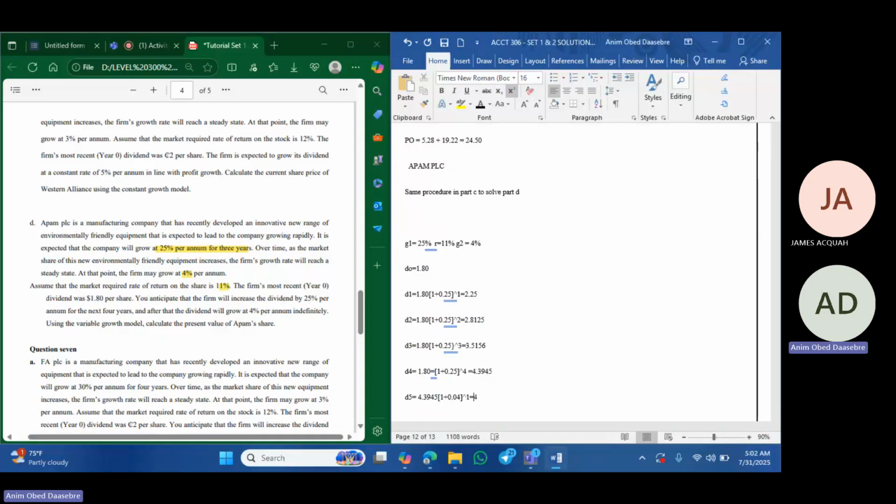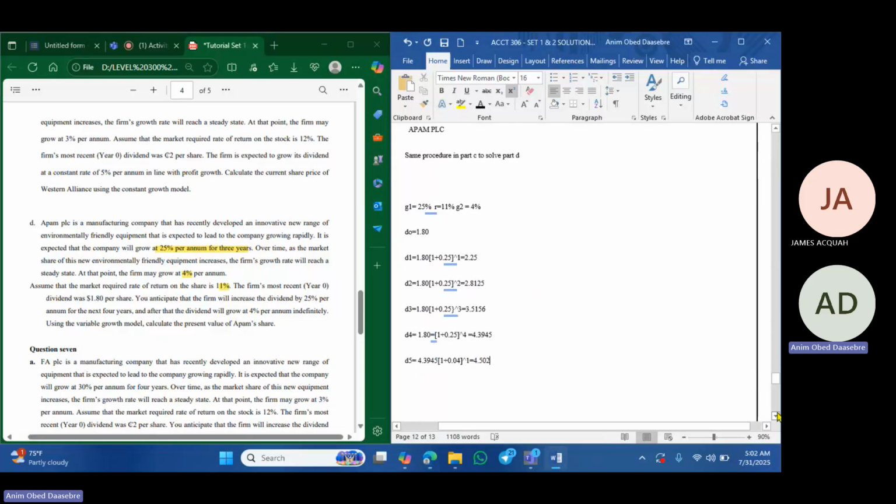And that will give us 4.502. So it is actually the same process we did for the part C. The same process.